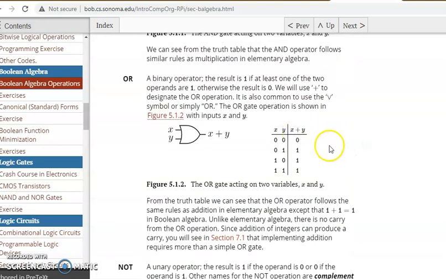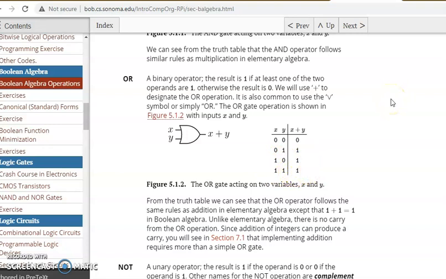Now, OR, if we use the binary operator of OR, if this is not true, this is not true, they're both not true. If this is not true, but this is true, then this is true. If this is true and this is not true, then this is true. If these both are true, then it's true.